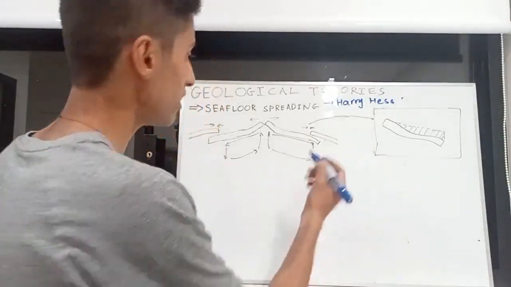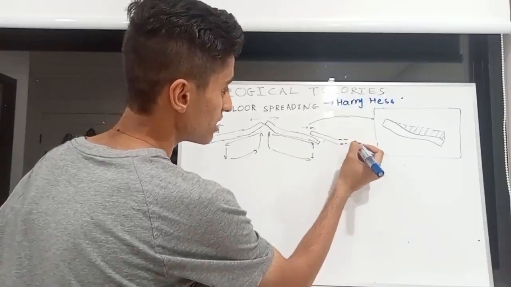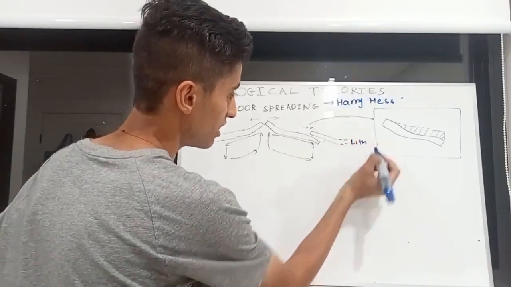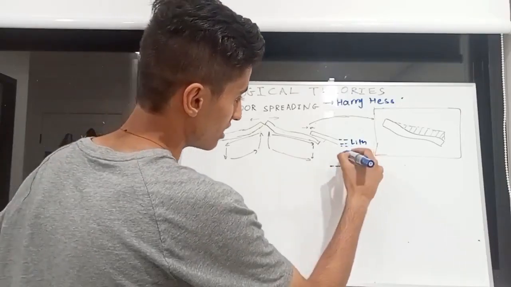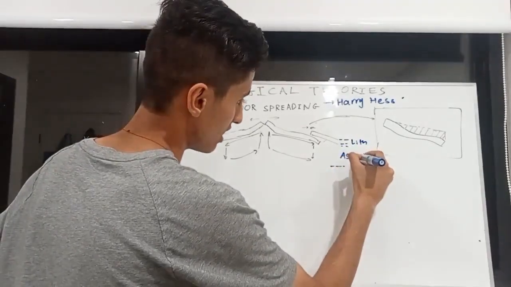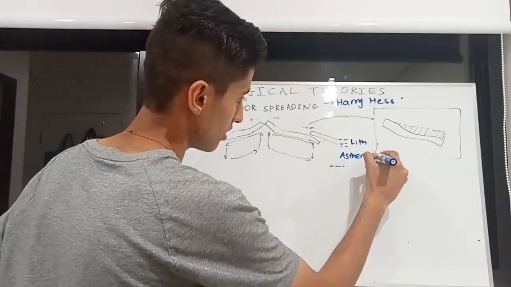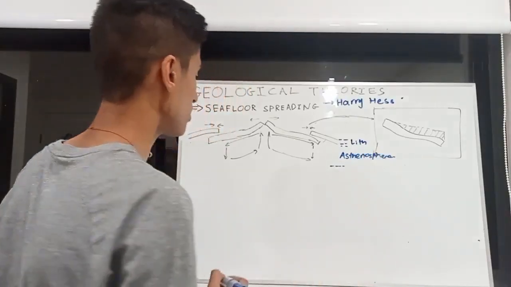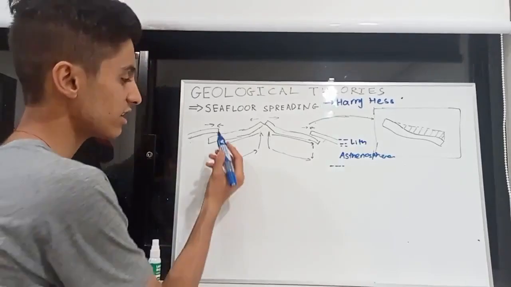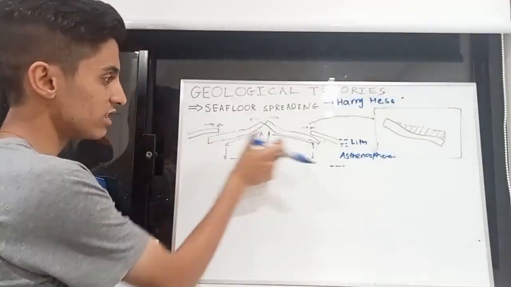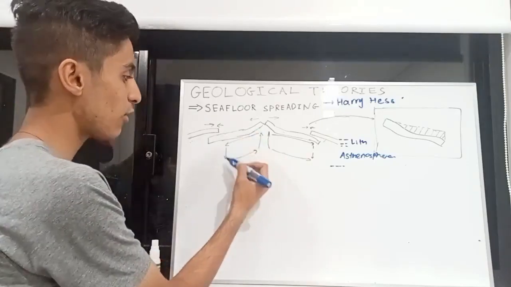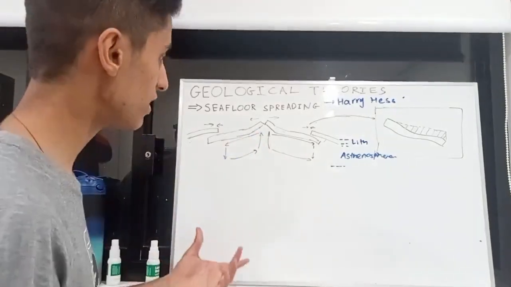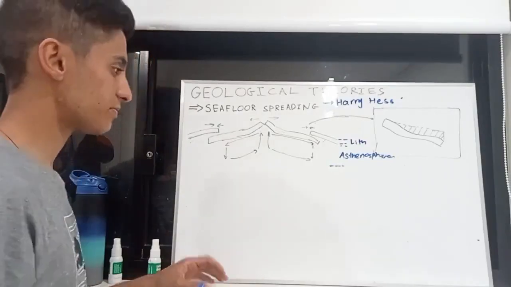Just a reminder, the solid portion is the lithosphere, and the plastic portion of the Earth's layers is the asthenosphere. This is how these are separate plates, and this is how the convection currents are moving in this case.